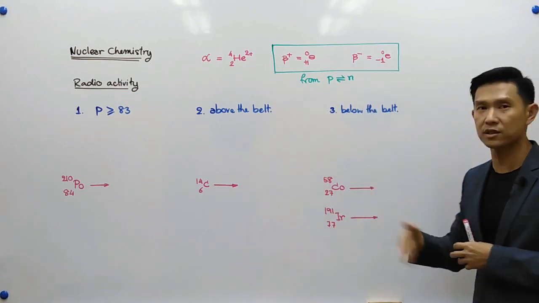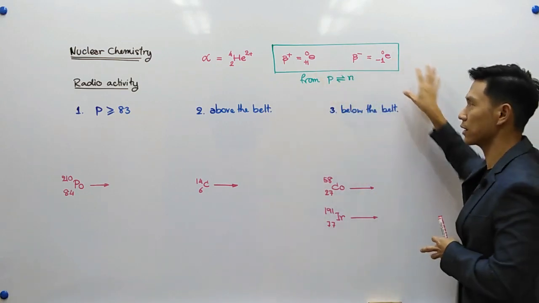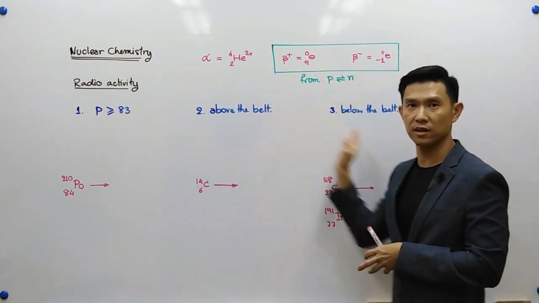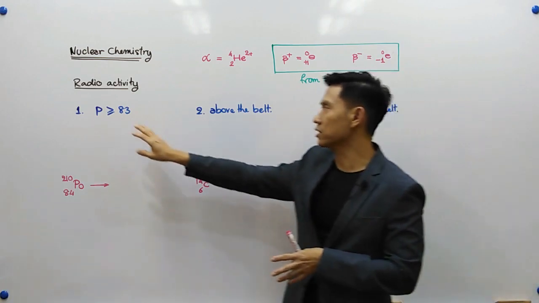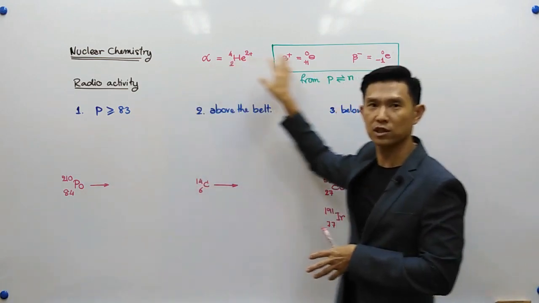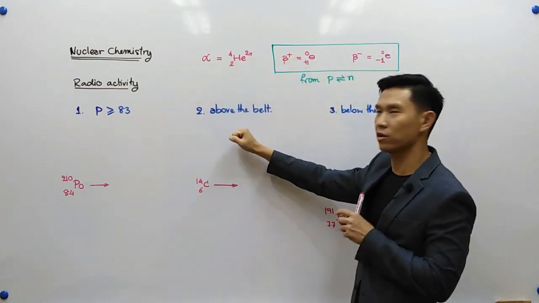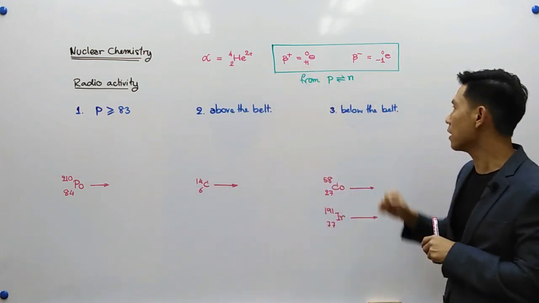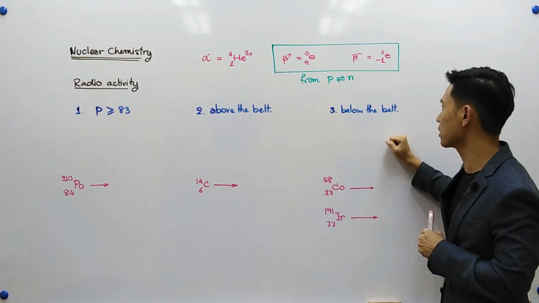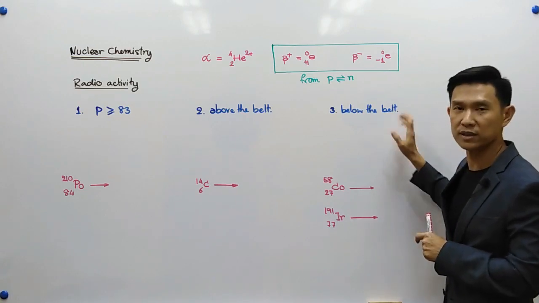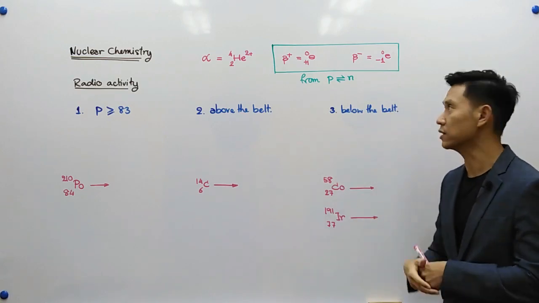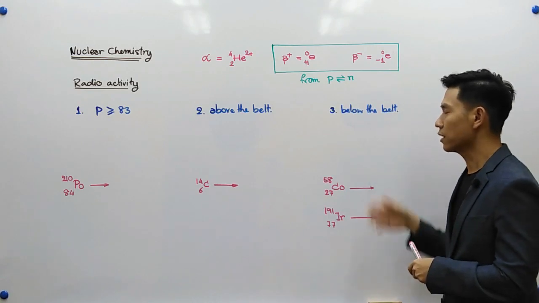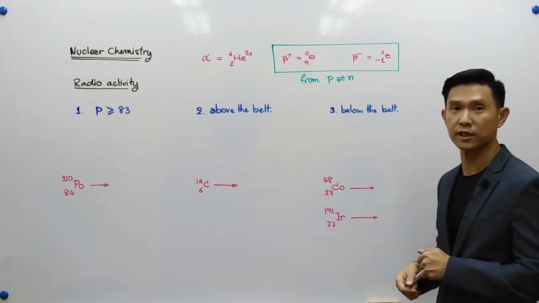So the reasons for the radiation of these three kinds are in here. If the proton number is higher than 83, what shall happen? If your nucleus is above the belt, what kind of radiation shall happen? And if your nucleus is below the belt, what kind of radioactivity can be found? I also give you some examples.